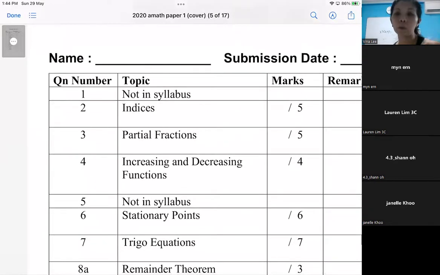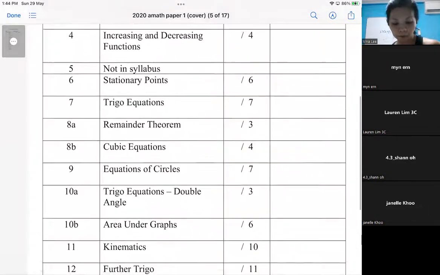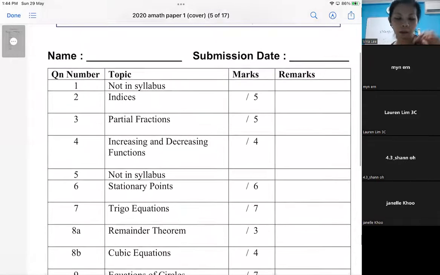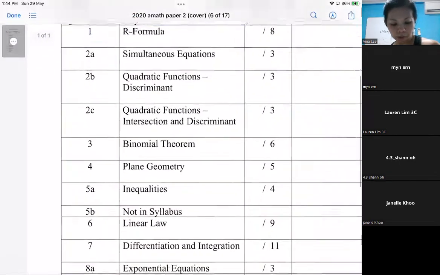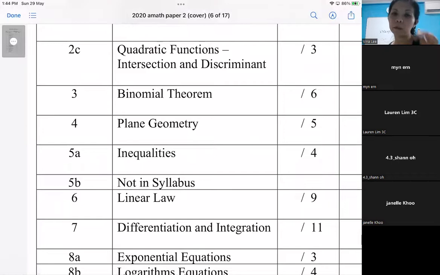You will not do those questions. In fact, you couldn't do those questions. So do take note of the questions that are not in syllabus. For E-Math, everything is in syllabus, so no need to think so much. A-Math paper 2 also has certain things not in syllabus. If in doubt, check the cover page.